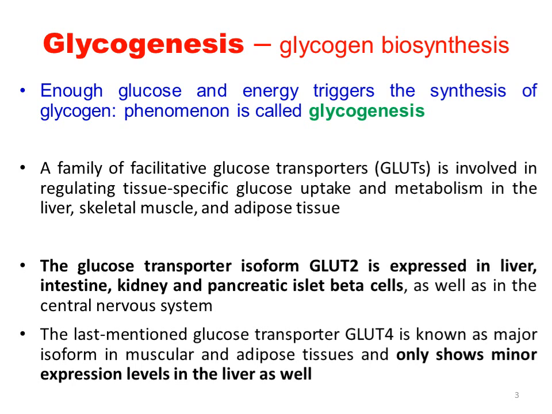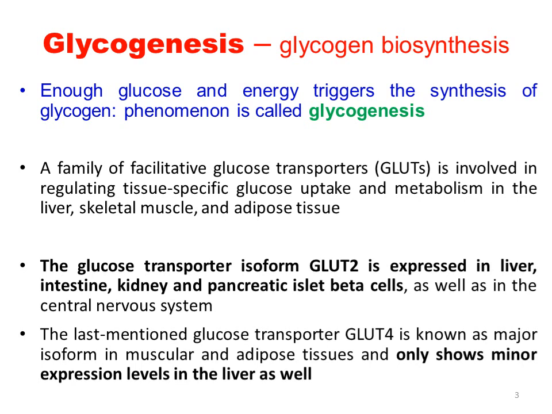Glycogenesis. Enough glucose and energy triggers the synthesis of glycogen, which is known as glycogenesis. A family of facilitative glucose transporters is involved in regulating tissue-specific glucose uptake and metabolism in the liver, skeletal muscle, and adipose tissue.